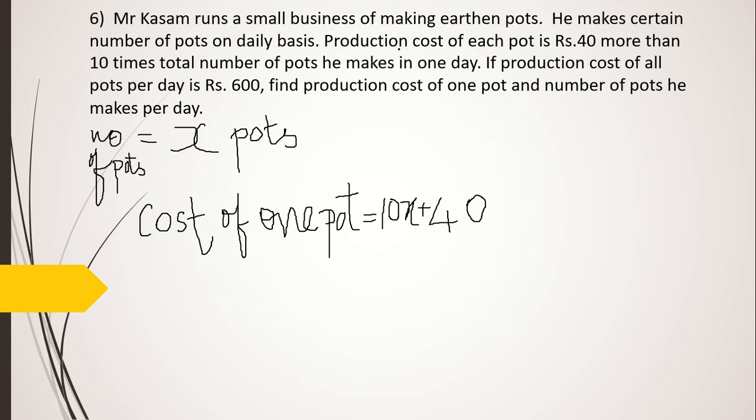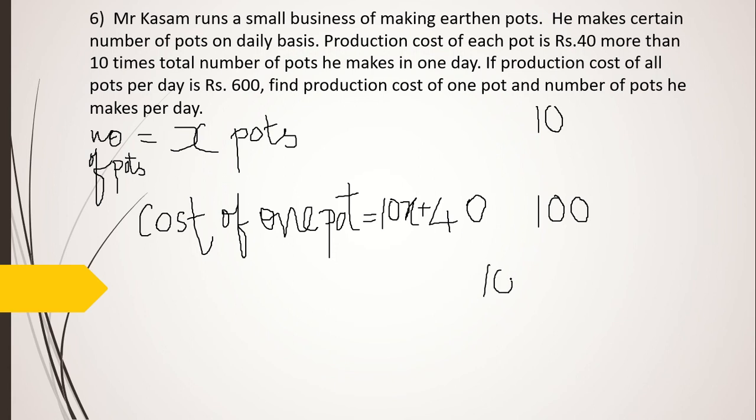They have said production cost of each pot is rupees 40 more than 10 times total number of pots. This may sound a little confusing, but read it quietly, you will understand. So let's say, just an example, he makes 10 pots every day and production cost of one pot is 100, let's say. Then production cost of 10 pots will be how much? One pot is 100 and he is making 10 pots each day.